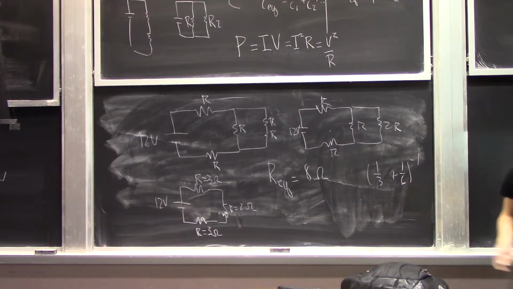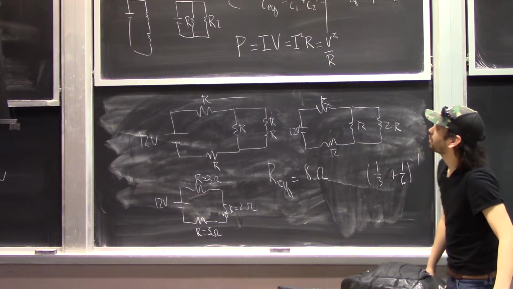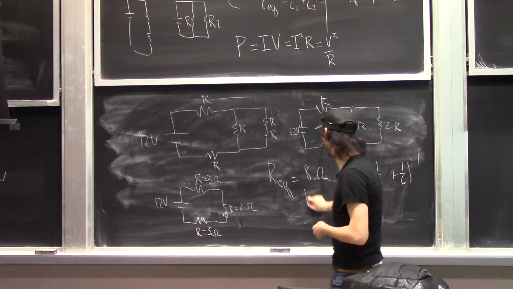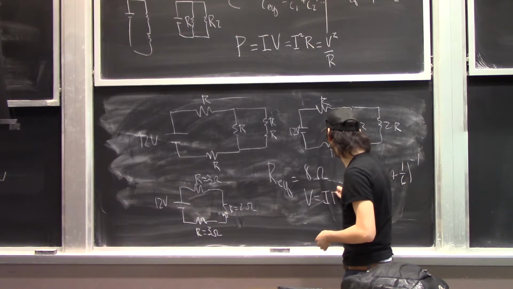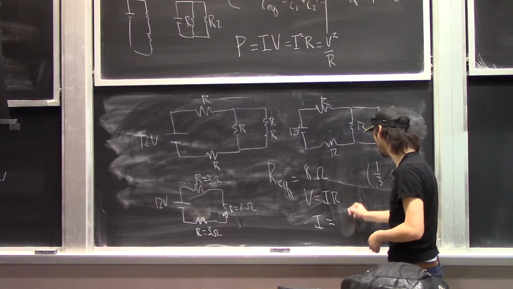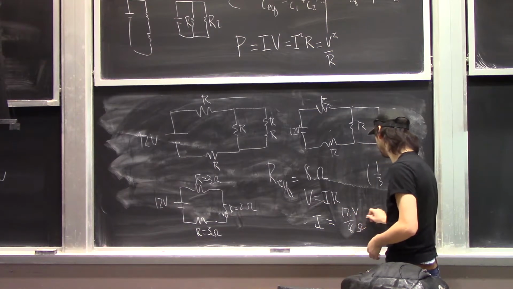Now that we have this equivalent resistance, we can use it in conjunction with the equation V equals IR to find the current out of the battery. So V equals IR, and so I is going to be equal to V divided by R, which is 12 volts divided by 8 ohms.